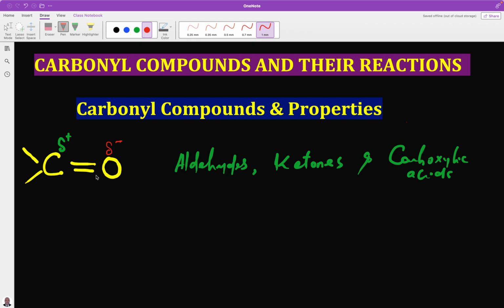This group you find here is the carbonyl group. In this carbonyl group, a carbon atom is double bonded to an oxygen atom, and this is a polar molecule. This group is polar as a result of the difference in electronegativity between oxygen and carbon.